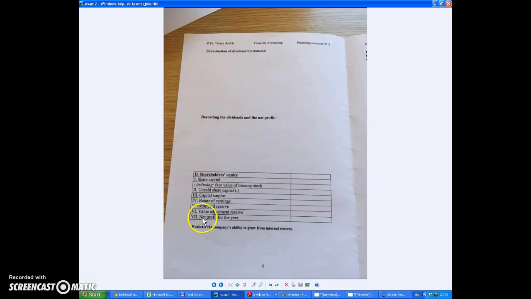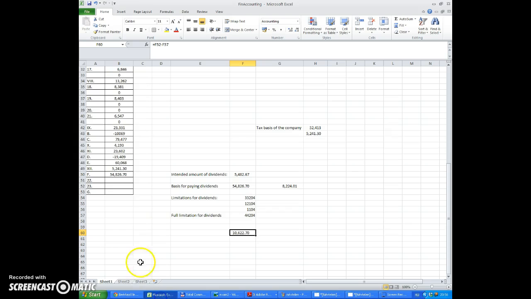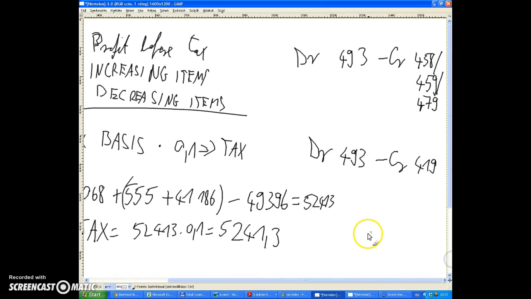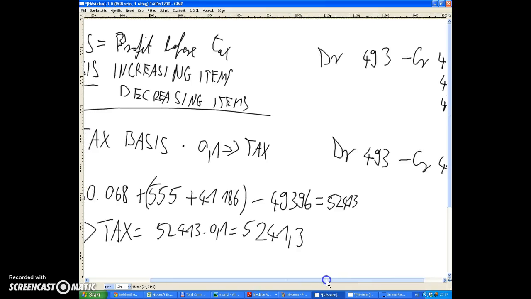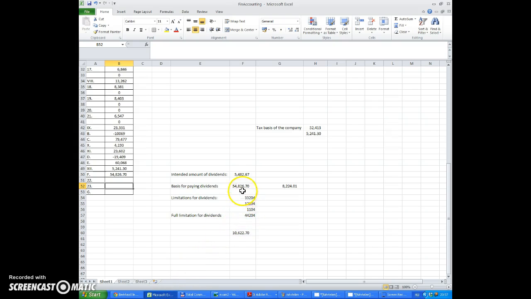And we have calculated the net profit for the year in the previous exercise. You can see that the net profit of the year depends on the dividends, but we have already calculated the dividends, and the amount of dividend that the company had to pay was here. So this was the amount of dividend which the company paid.